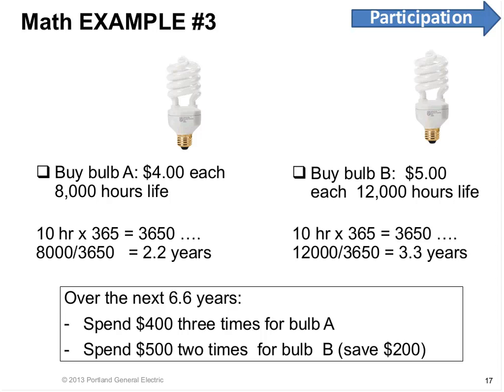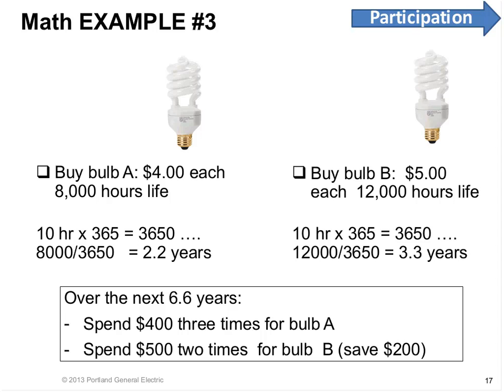So you get an extra 1.1 years of lighting before you have to repurchase a bundle of lights. In this case, over 6.6 years, you would have had to purchase bulb A 3 times at $400 versus bulb B, you'd only have to buy twice. So you would save $200.